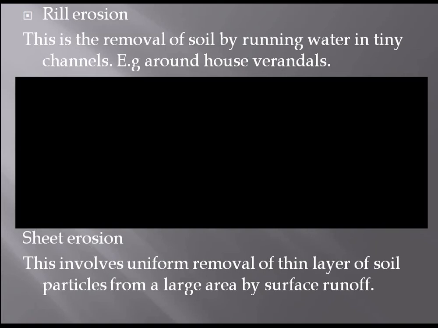This involves a uniform removal of a thin layer of soil particles from a large area by surface runoff. Just get your piece of paper. That is a sheet of paper. So this means that erosion is taking place on a large area, uniformly, as we shall see in the video below.